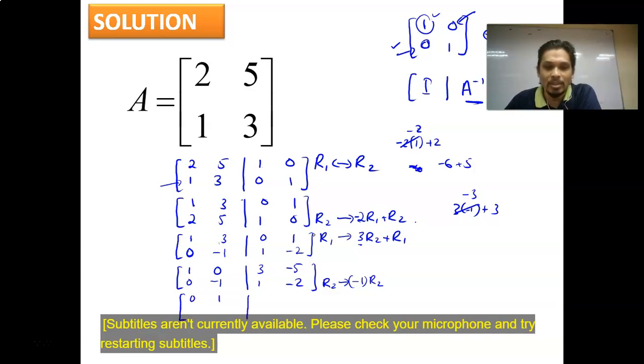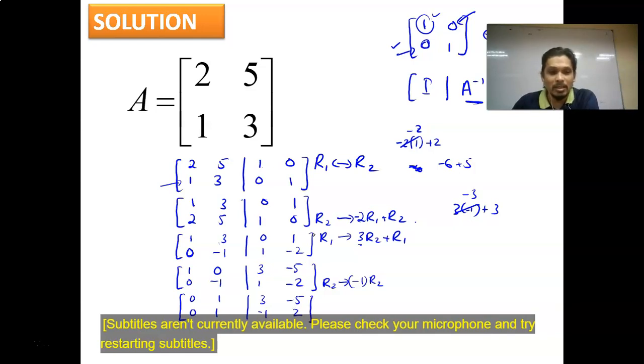Because the instruction is only for R2, nothing happened in R1; we just copy it again: 1, 0, 3, negative 5. So negative 1 times 0 equals 0, negative 1 times negative 1 is 1, negative 1 times 1 is negative 1, and negative 1 times negative 2 equals 2.